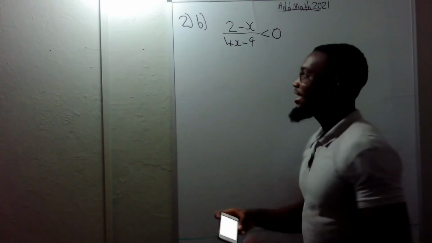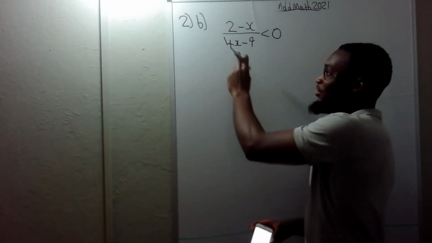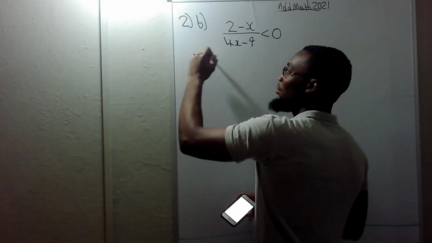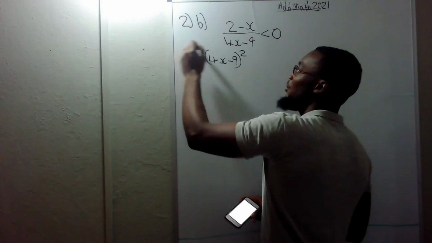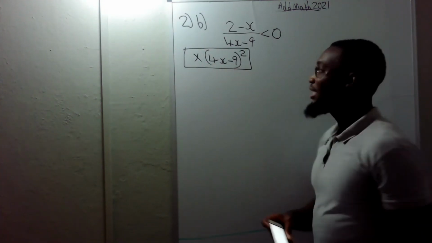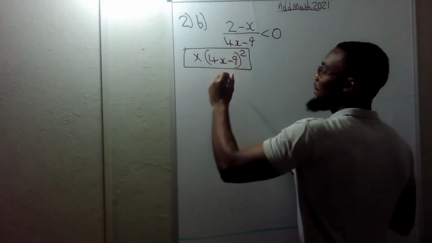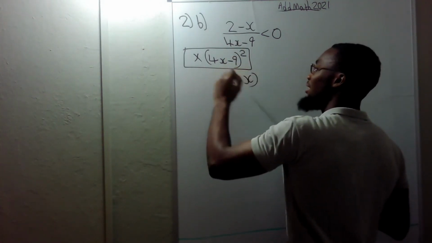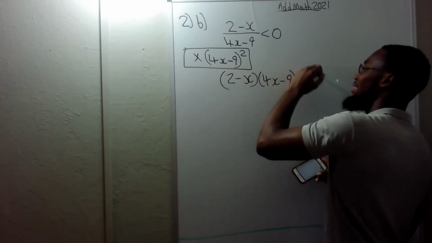To do this, guys, what are we going to do? Well, first thing, multiply through by the square of the denominator. So multiply through by 4x minus 9 squared, on both sides. This becomes 2 minus x times 4x minus 9 less than 0.